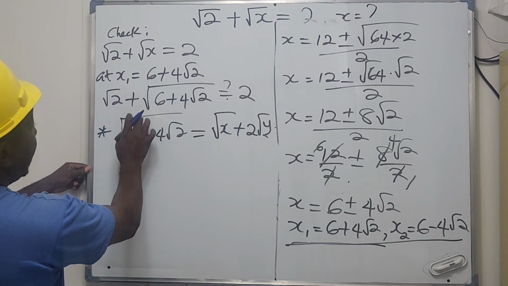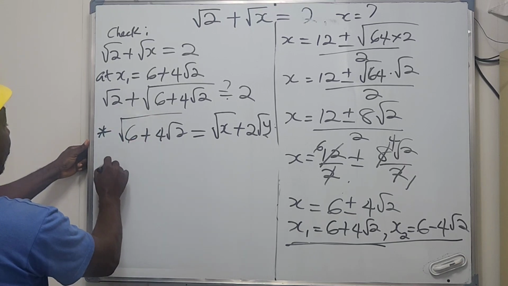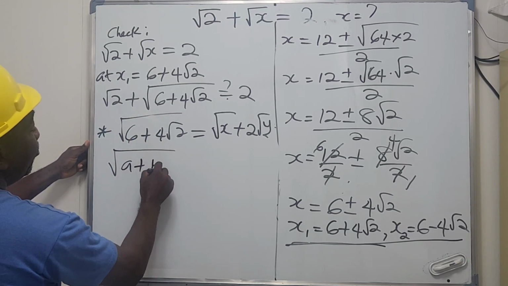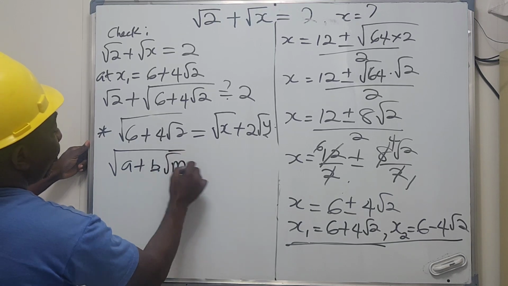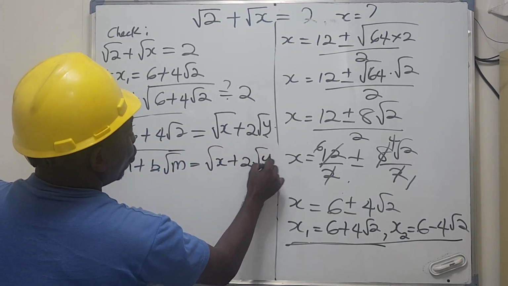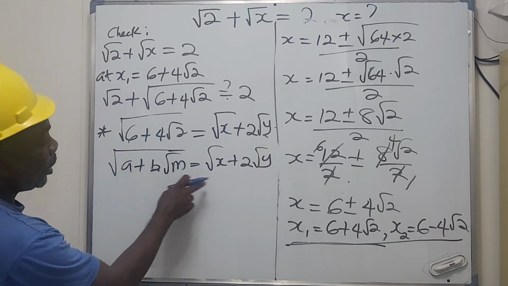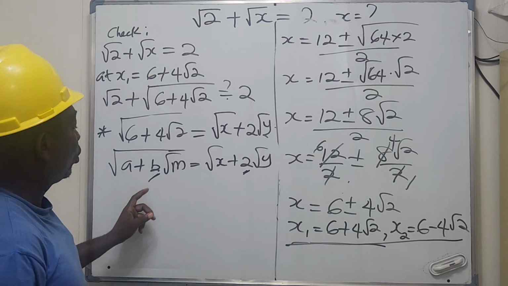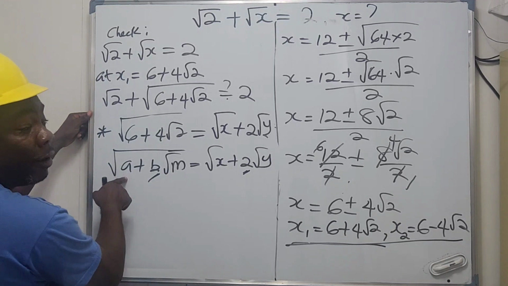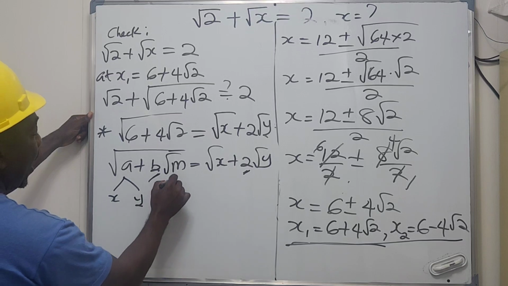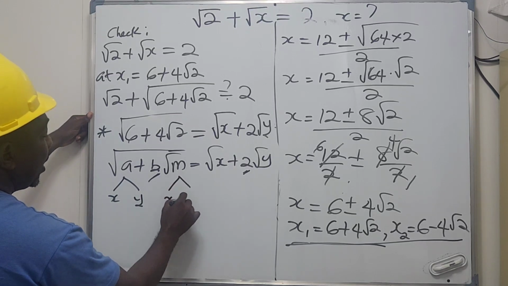Okay, before we do that, this other side will be in the form root a plus b root m. This will give us root x plus 2 root y, because expressing this will give us this. So here, our b must be equal to 2. So in this case, for us to have a here, this a will be x and y, and this m will be x and y.